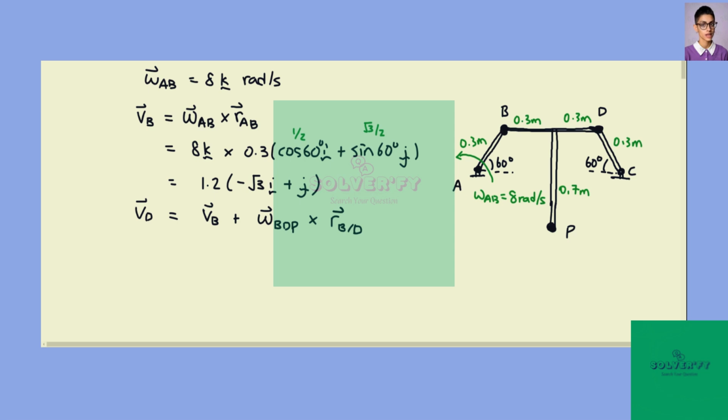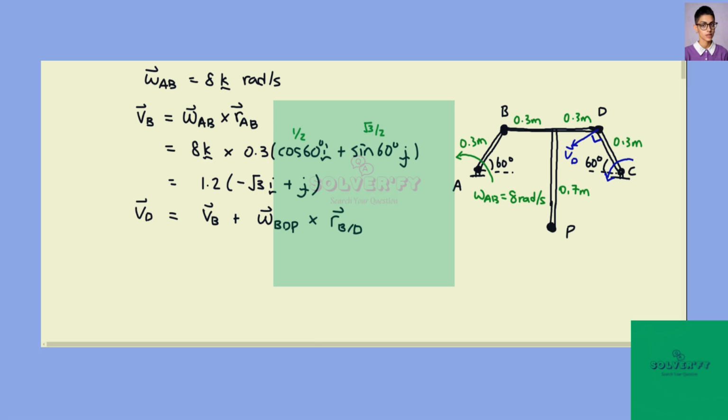One thing to note is that when AB is rotating counterclockwise, we expect BD to rotate counterclockwise as well. So the velocity at point D will be 90 degrees to this link, pointing in this manner.